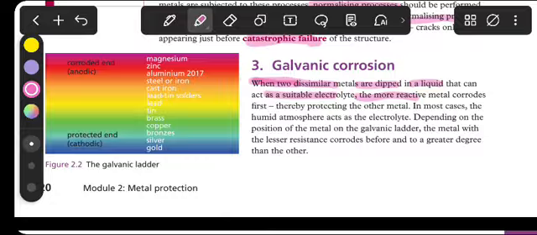Depending on the position of the metal on the galvanic series, the metal with the less resistance corrodes before and to a greater degree than the other.